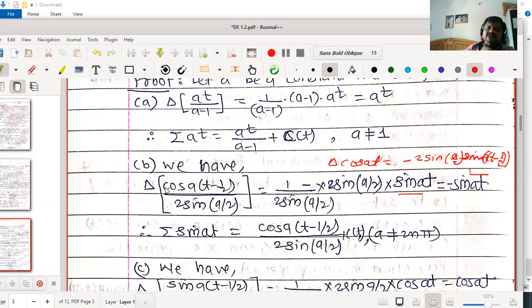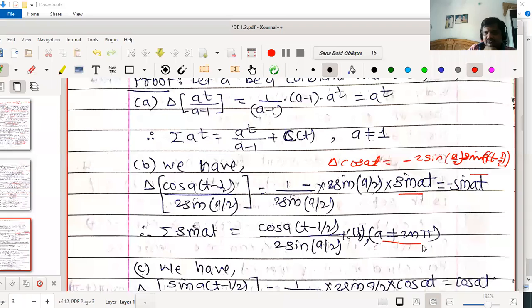Therefore, delta of this whole, cos a(t minus 1 by 2) upon 2 sin a by 2, is minus sin at. Therefore, summation of this minus sin at becomes this one. Again, minus you will take it here. So we get summation of sin at equal to cos of a into t minus 1 by 2 upon 2 sin a by 2 plus c of t, where delta ct equal to 0 already given. Here a is not equal to 2n pi.